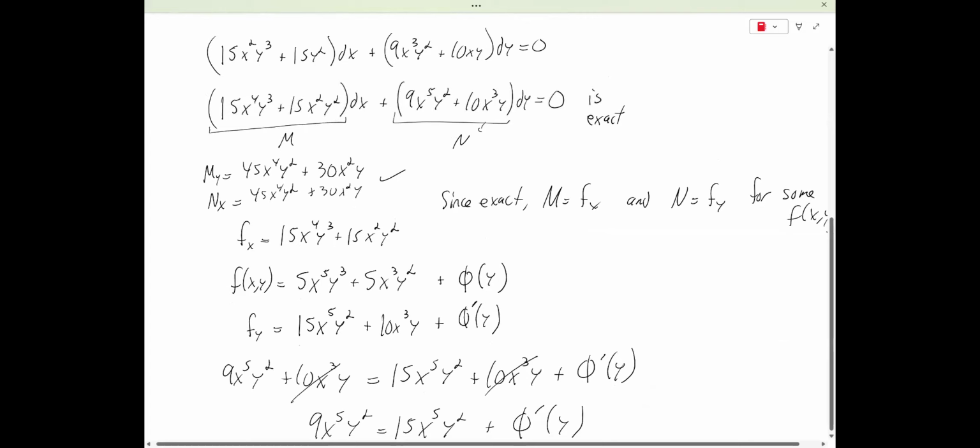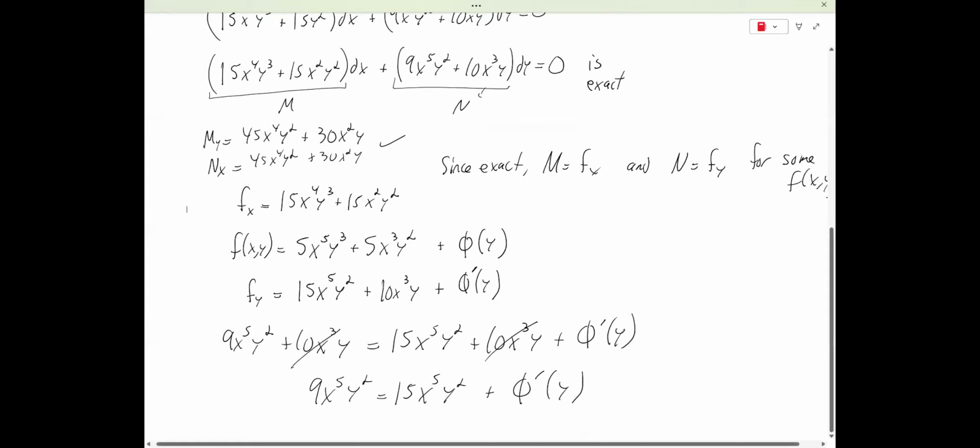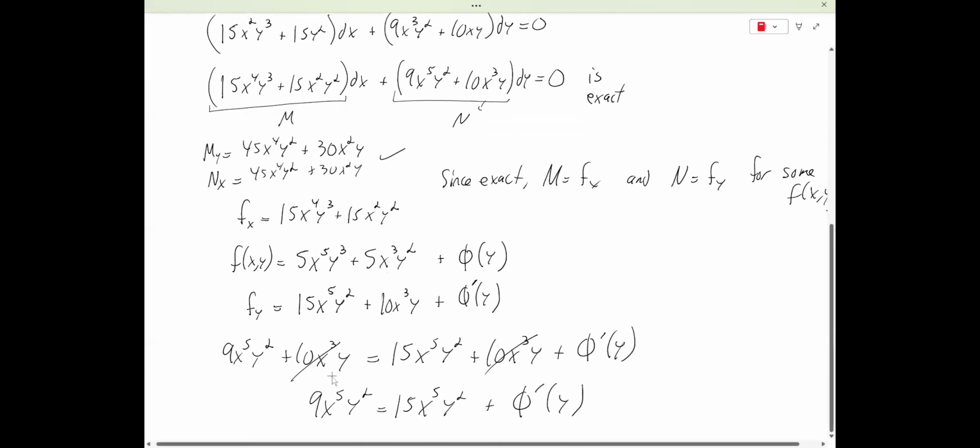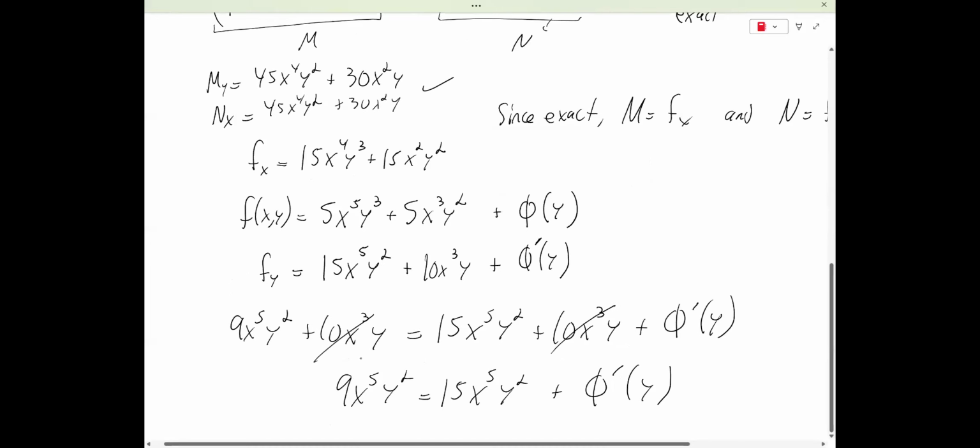equals, let's see. 10x cubed y. Okay, 9x to the fifth y squared, 10x cubed y.